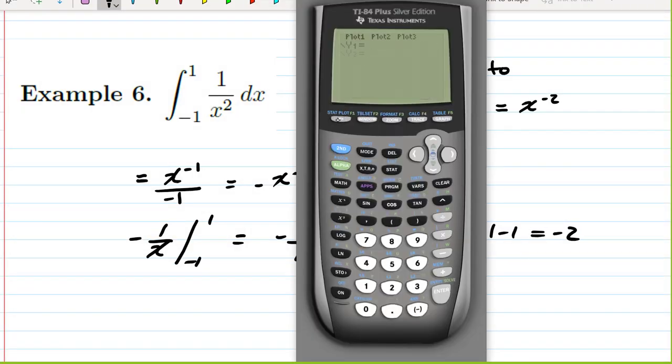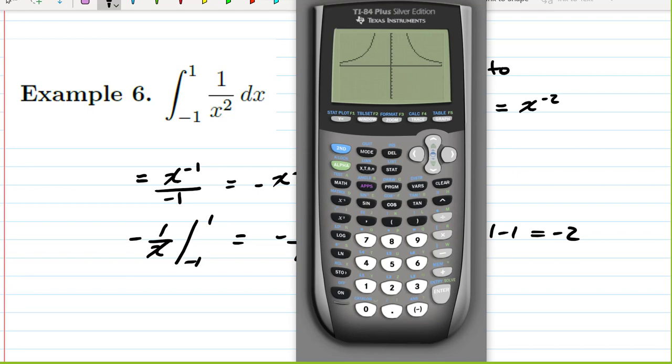So if we draw a graph, we have 1 over x squared. And if I change my window to just go from -1 to +1 and I graph, I get a curve that looks like this. But it tells me that the area underneath that curve is negative.